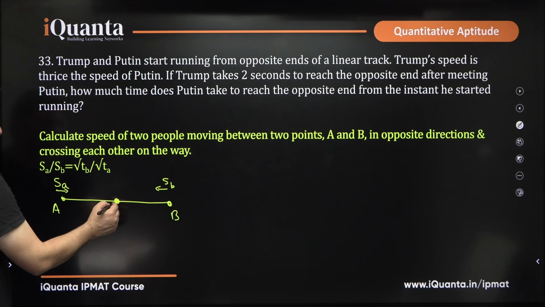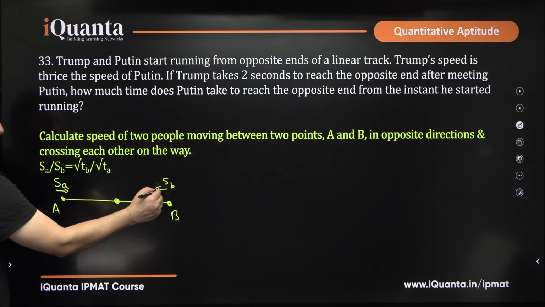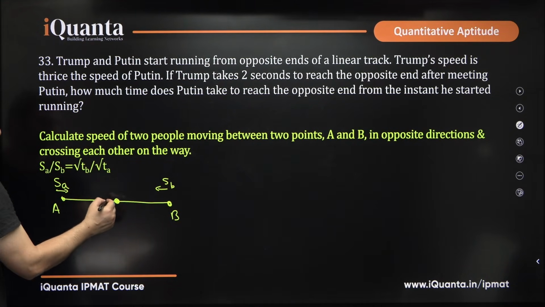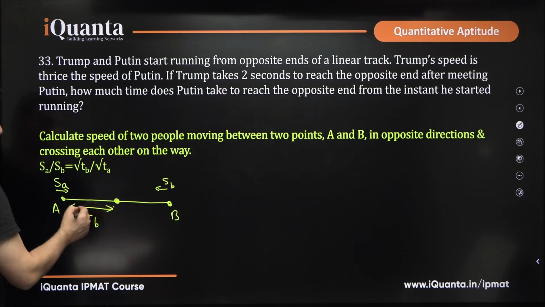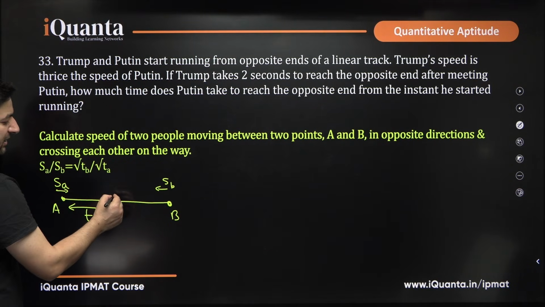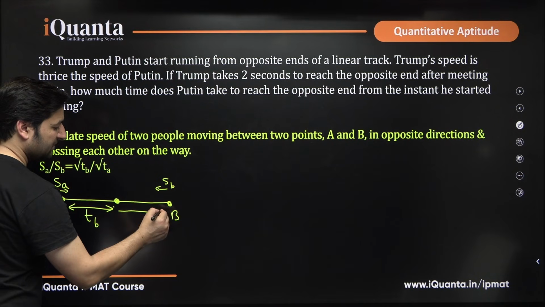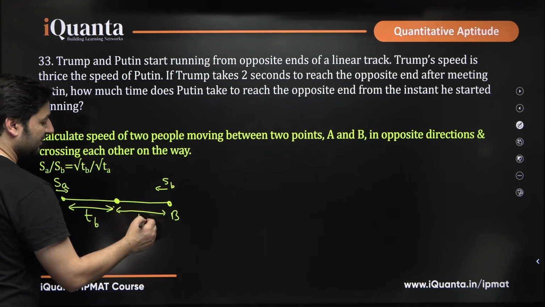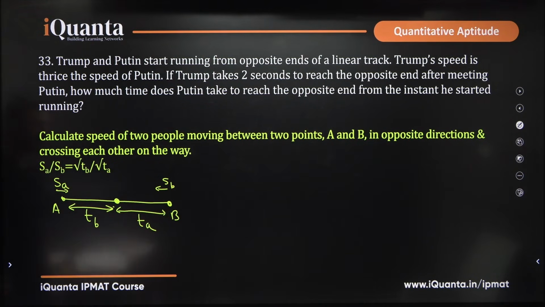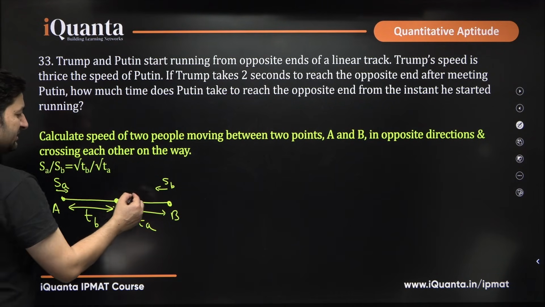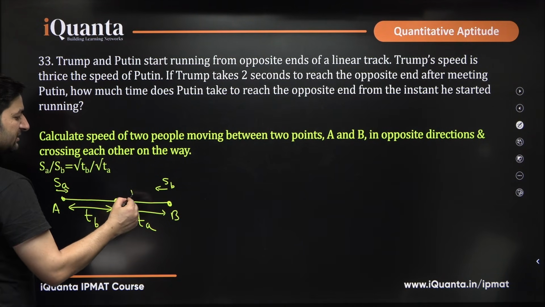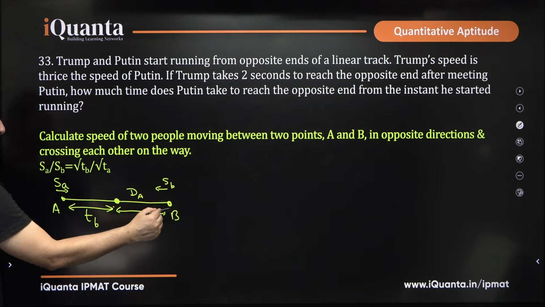After this point, B is running in this direction and will reach here. After this, the time he will take will be TB. And A is running from here to here. After this point to reach B's starting point, he will take time TA. So what is the distance covered by A after meeting? It is DA. And the distance covered by B after meeting is DB.